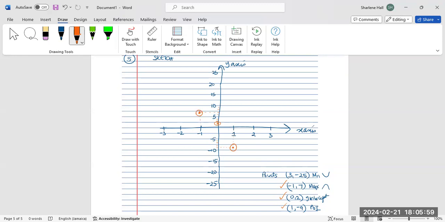And then 3, -25 is going to be all of this. So what is happening now? 3, -25 is the minimum, so it turns up. So this better turn up.